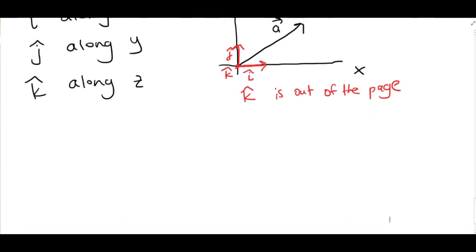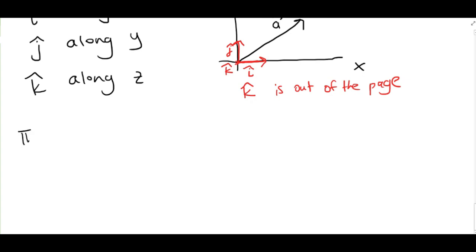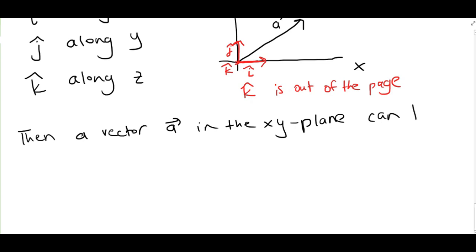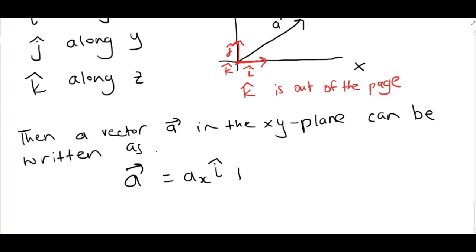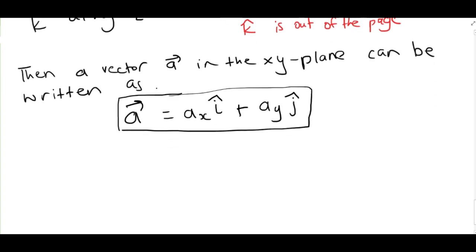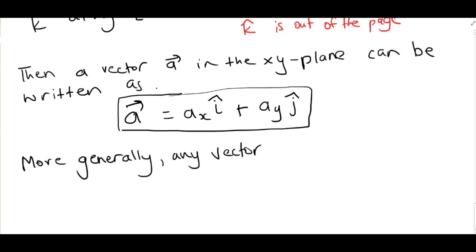Then we can define the vector A in the xy plane as A equals Ax i hat plus Ay j hat. Or more generally, any vector, which can be in 3D and so includes the x, y, and z axes as well, can be written as the x component i hat plus the y component j hat plus the z component k hat.